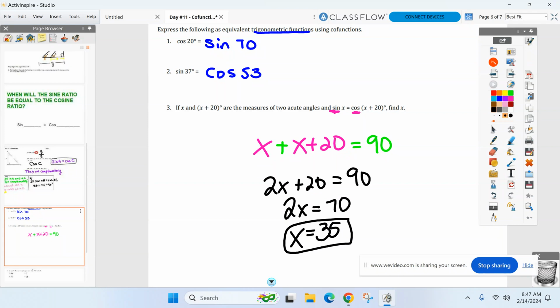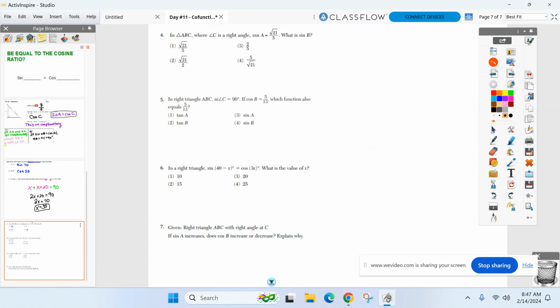Sine and cosine are only equal if their angles add to 90; if the angles add to 90, their sine and cosine values are equal. All right, let's see if we got this now. If you want to see a visual, triangle ABC, C is the right angle, so A and B can go on the other two vertices.